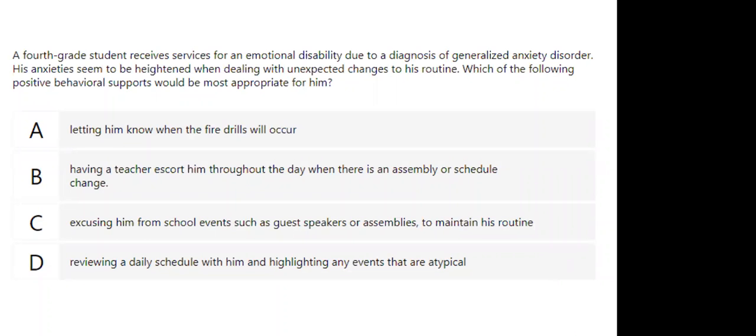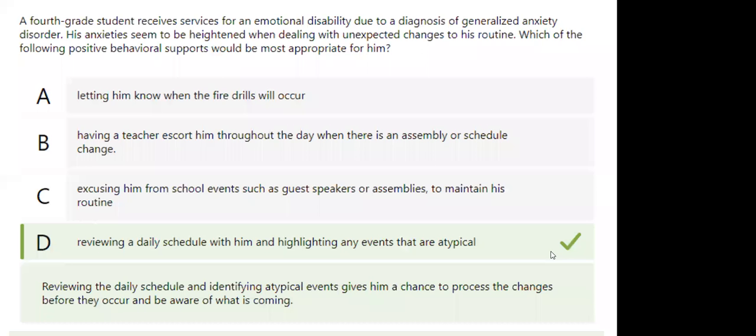Let's see what the correct answer was. Reviewing a daily schedule. Review a daily schedule with him and highlighting those events. Very, very good answer choice, and a correct answer on top of that.